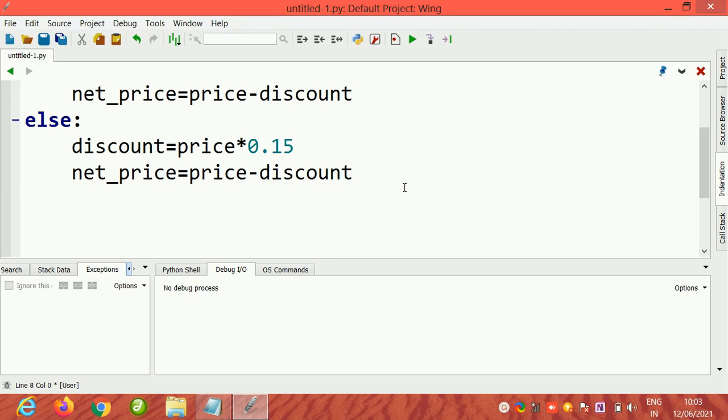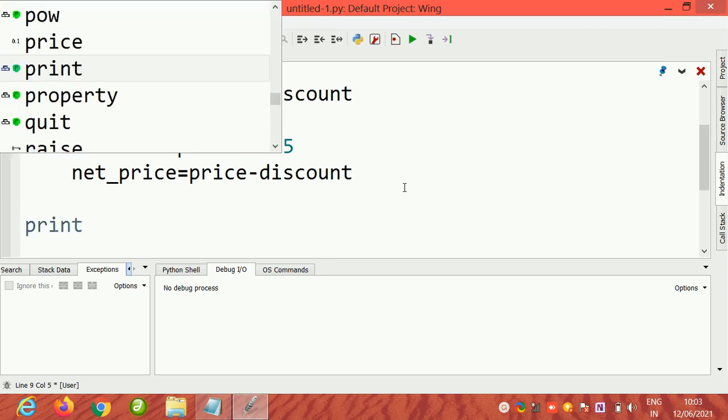Now we have to print the net price and discounted price.